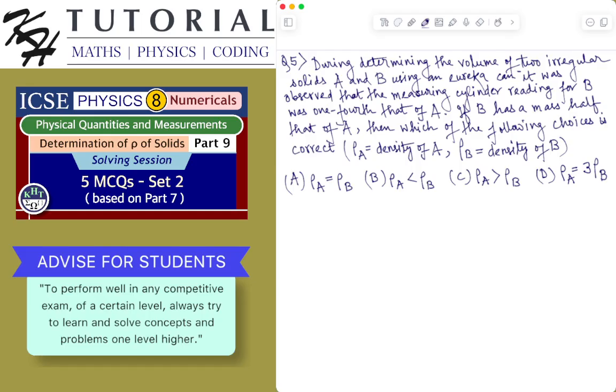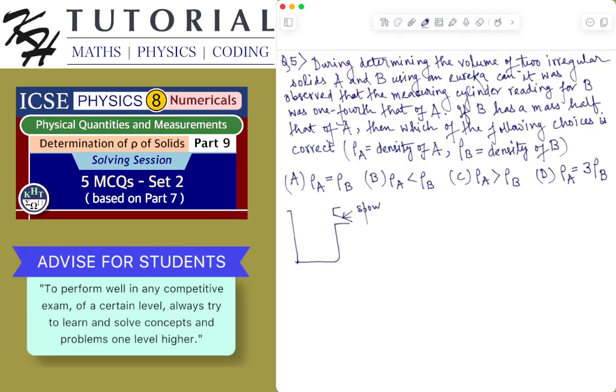Okay, so we know that a Eureka can is used to determine the volume of a body. We immerse a solid body in a Eureka can. The setup is that we have a Eureka can, something like this. This is the spout.